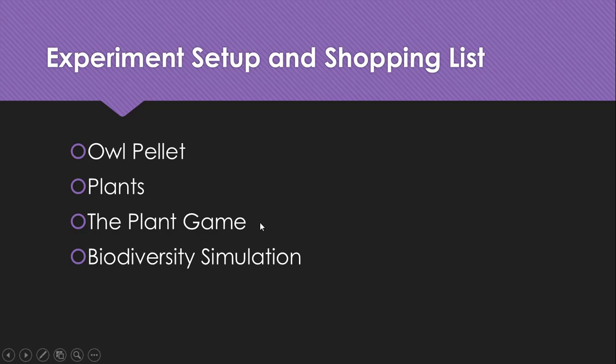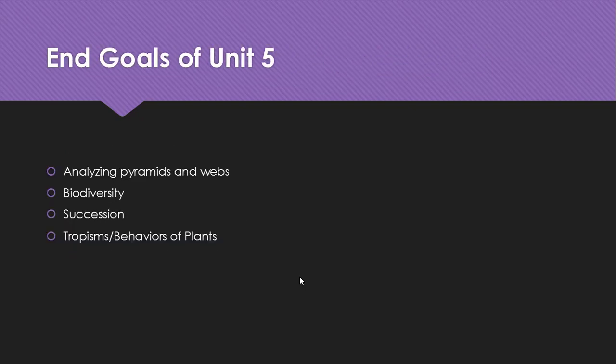For that, you'll need some kind of graduated cylinder, paper clips, and then some other things that you can just print. And then lastly is the biodiversity simulation. That is the one that I have a full investigation AML on, and you can see the materials that you need are not anything super intense. It's just a bag full of cards that you've cut out.